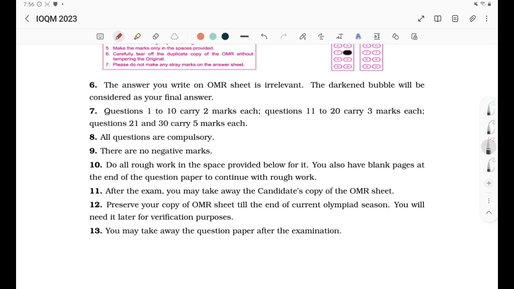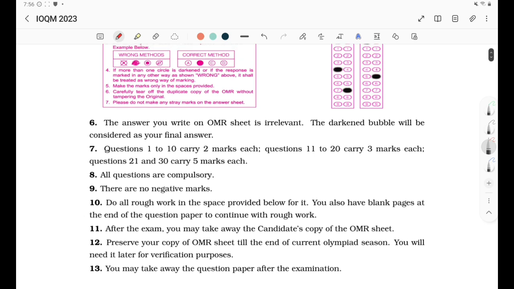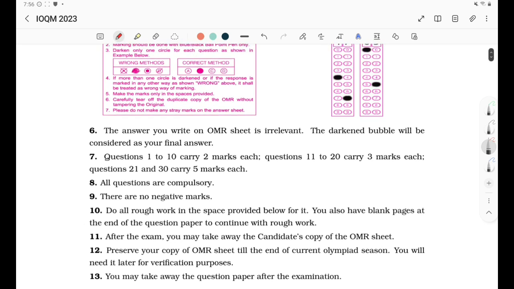In fact, what I saw through my quick search is that students who got at least 10 points qualified to the next round, which is RMO. So basically, if you solve just 5 of these questions, then you should be safe.